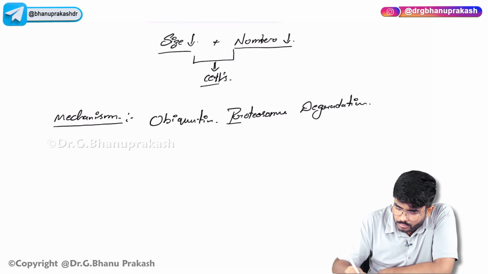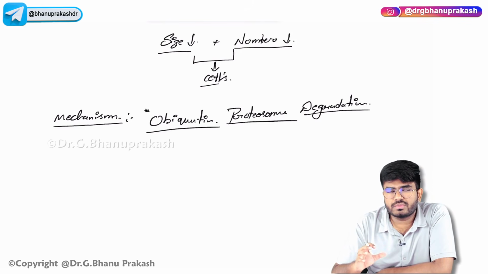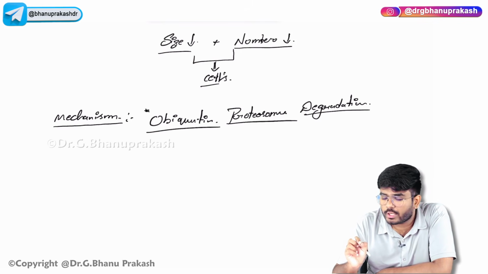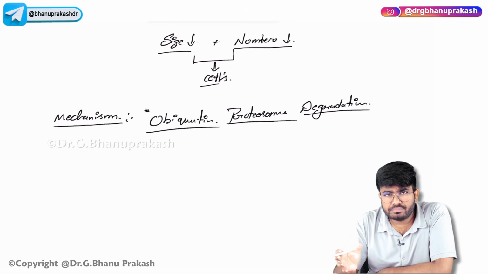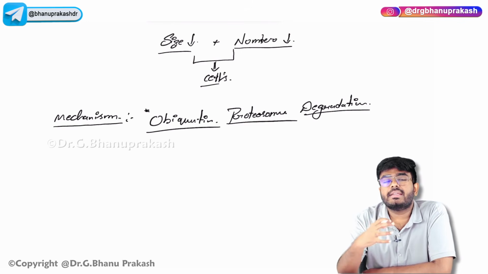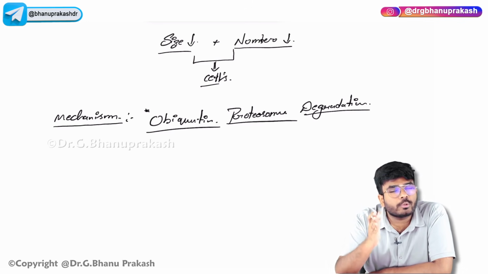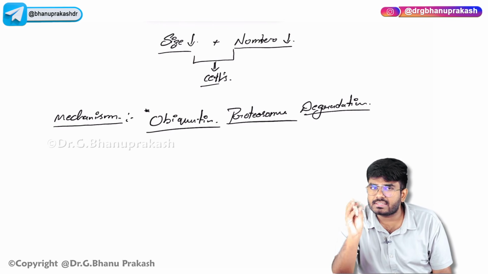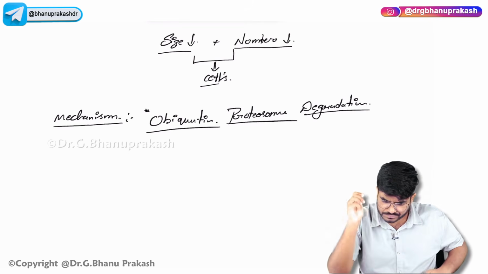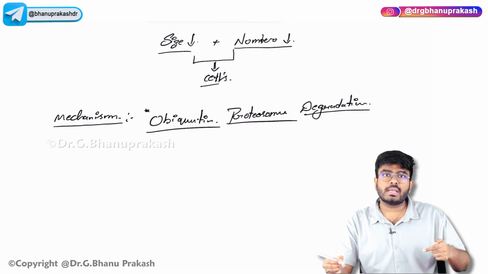Whatever molecules we do not require in the cell are going to be tagged with ubiquitin. Those ubiquitin-tagged proteins will be directed to the proteasomes, where they are broken down. So, the proteins inside the cells decrease, and the size of the cells also decreases. So, the mechanism of atrophy is the ubiquitin proteasome degradation pathway.